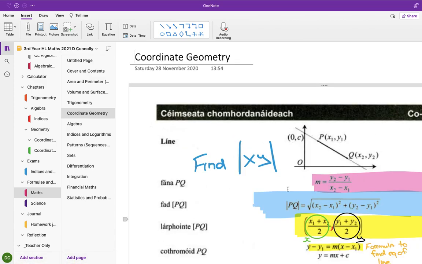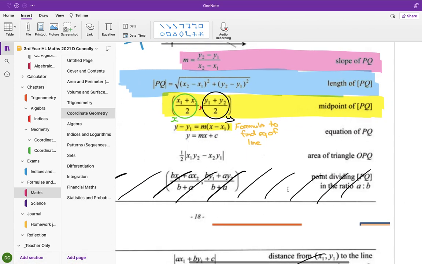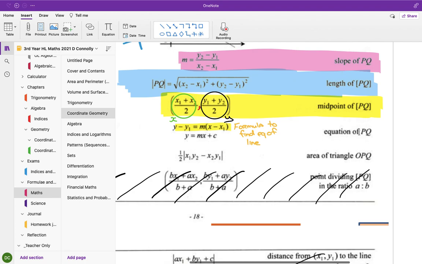So there it is. Equation of PQ, so that's the equation of a line. The bottom one is the one we used yesterday, and the top one is the one we're going to use today. That top one is how you find the equation of a line.